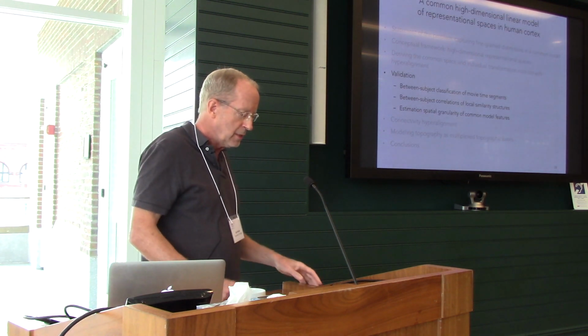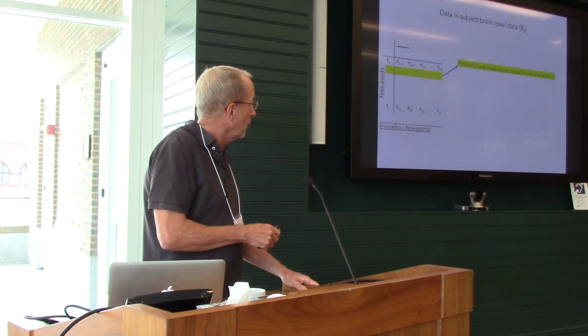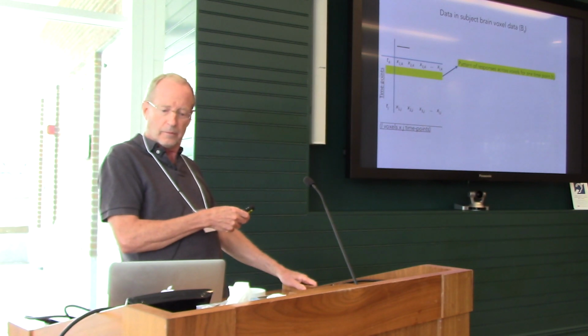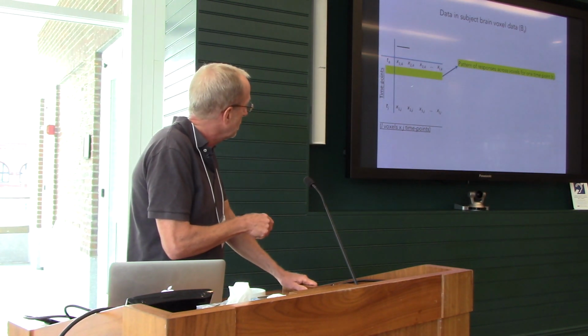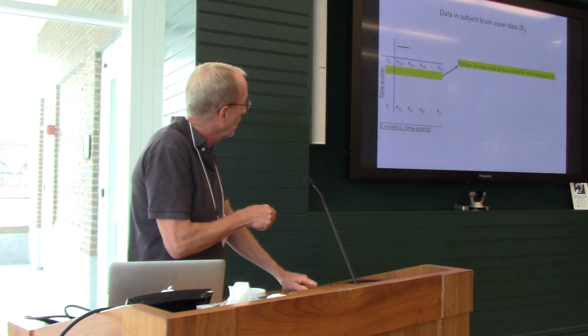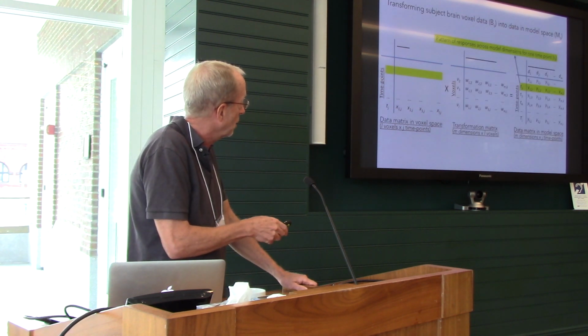So does this work? So this is the idea, but it seems kind of far-fetched. Okay, for some reason, I have this problem. So a row in the brain voxel space is a pattern of response across voxels for one time point.